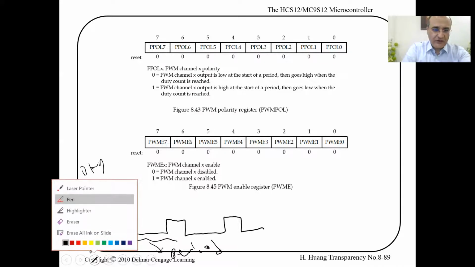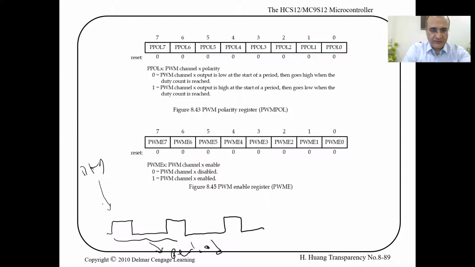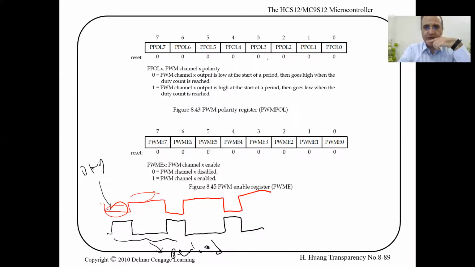Or is it going to be like this? Yani flipped. Yani the duty will be low and the rest of the period will be high. This is controlled by the polarity. So a 0: the PWM channel is low at the start of a period, then goes high for the rest of the time. A 1 is the normal thing here. The polarity is 1. In this case, the polarity is 0.